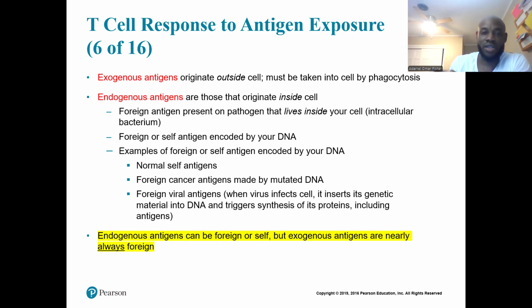Endogenous antigens originate inside the cell, but can originate different ways. So a foreign antigen present on a pathogen that lives inside your cell, or a self-antigen encoded by your DNA, can make an endogenous antigen. Endogenous antigens can be foreign or self, but exogenous antigens are nearly always foreign.